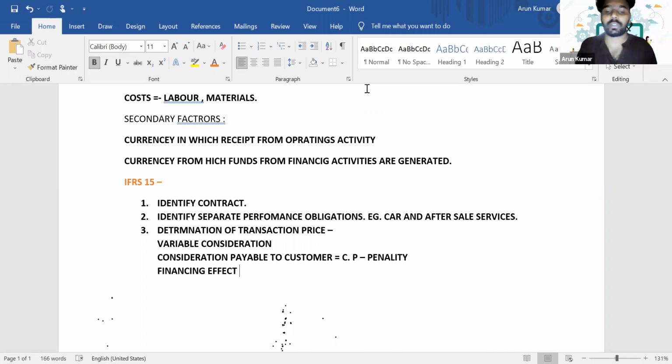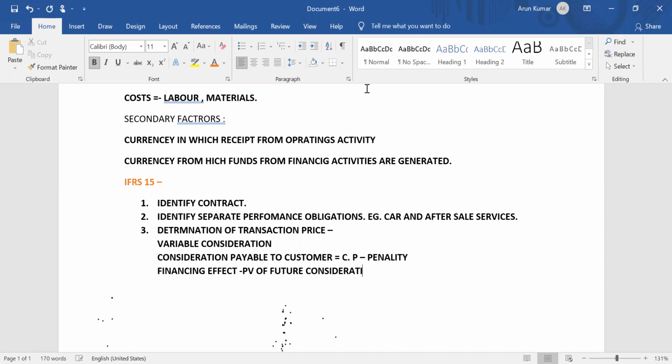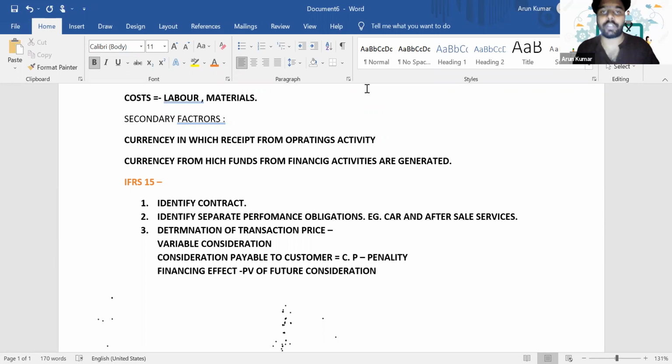The present value of the future consideration should be taken, and we record it as revenue. Are you getting it? Okay. So these are the factors we need to consider when we determine the transaction price.